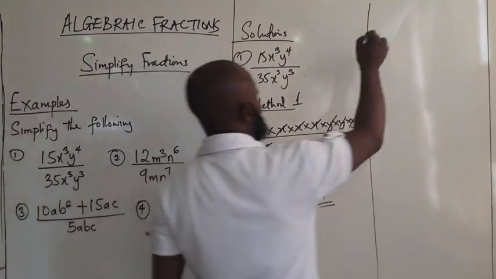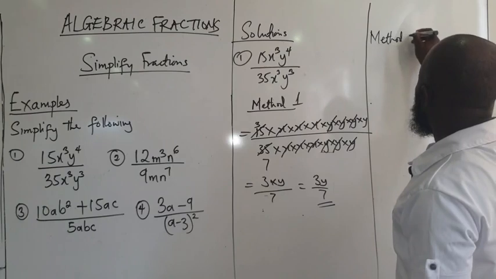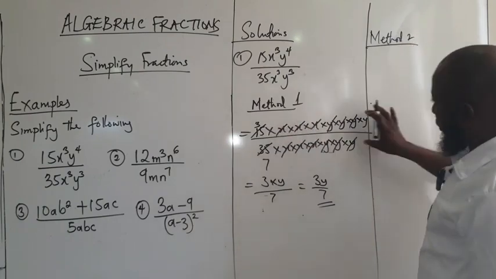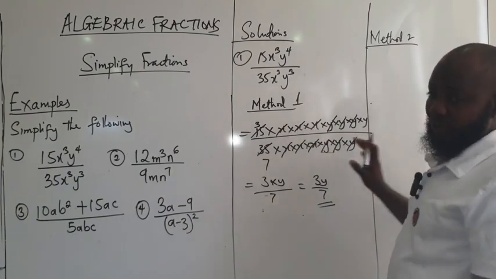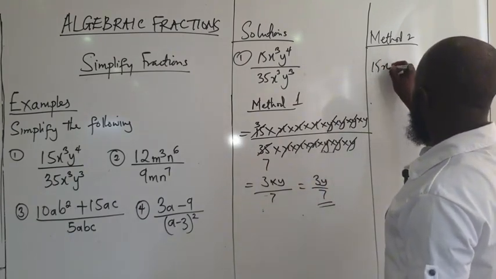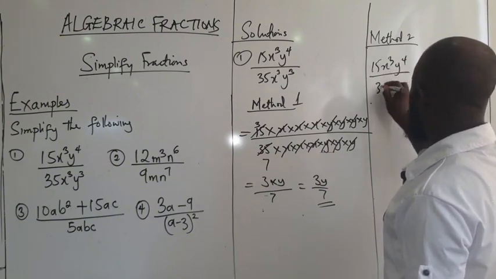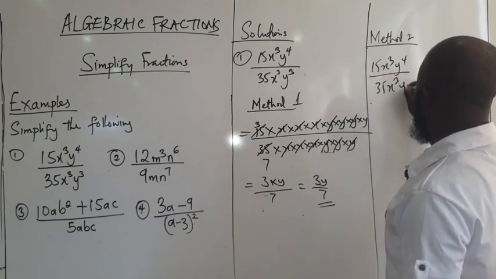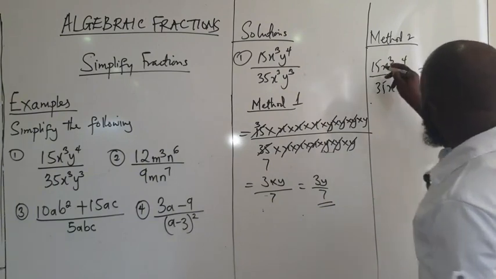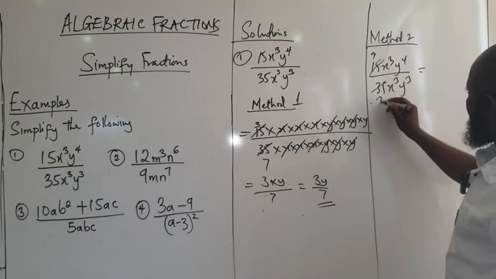So method 2. Method 2 is that you can do it straight without expressing them as product of their prime factors. So method 2, we have 15 x cubed y raised to 4 divided by 35 x cubed y cubed. So we just say 5 can go here 3, 5 can go here 7.